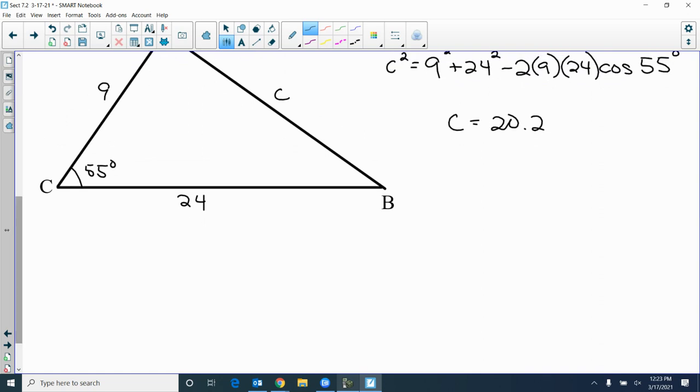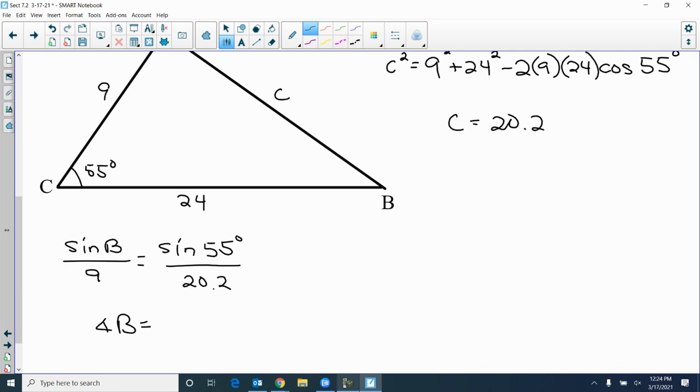I'm going to take sine of B over 9 equals the sine of 55 degrees over 20.2, using the length I got for C. After you do that, you take your inverse sine. Let me know what you get for the angle. 21.4, we agree.